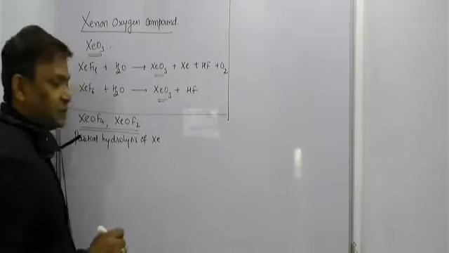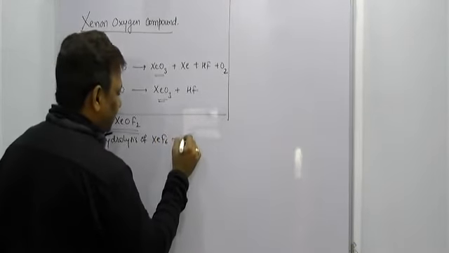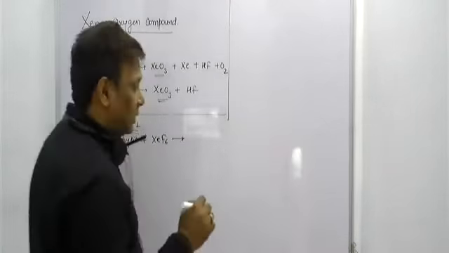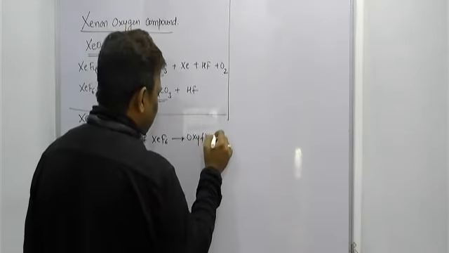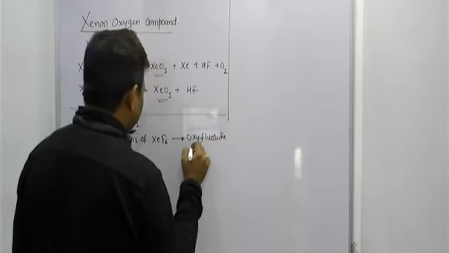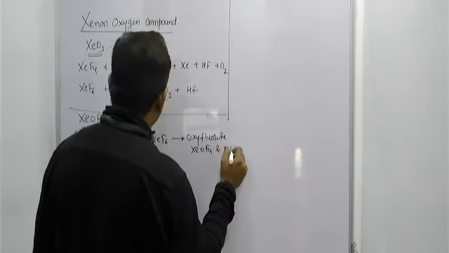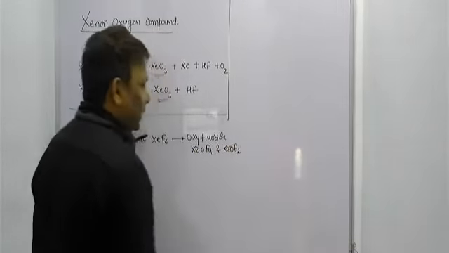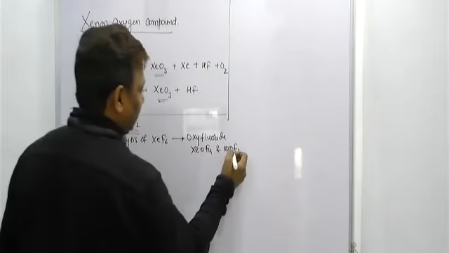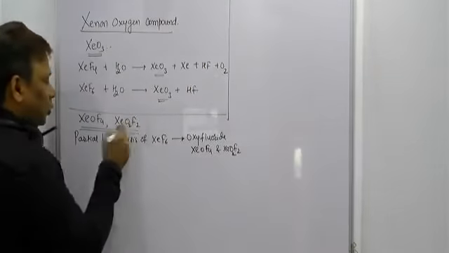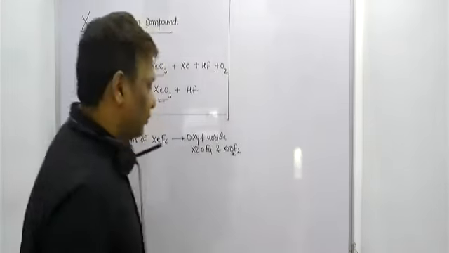Partial hydrolysis of xenon hexafluoride gives compounds called oxyfluorides: XeOF4 and XeO2F2. Let me give one example for you.